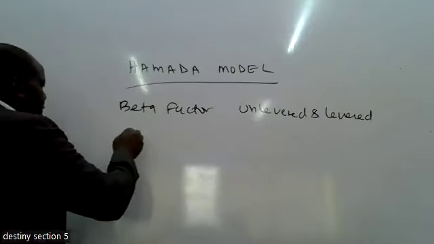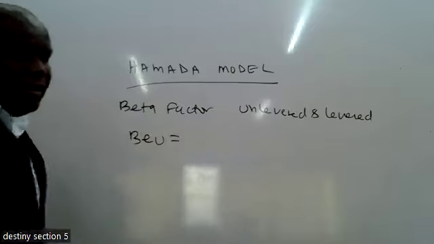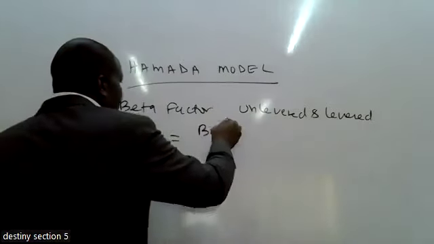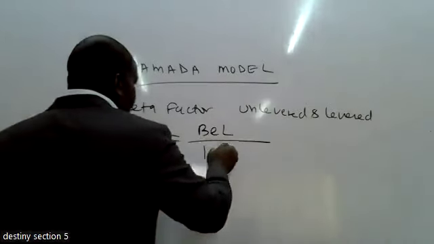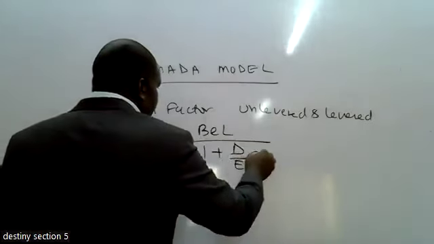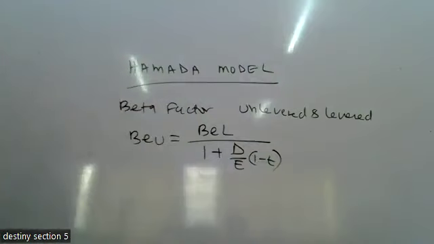So the beta factor of equity for the unlevered firm is given by the beta factor of equity for the levered firm divided by 1 plus D over E times 1 minus the tax.